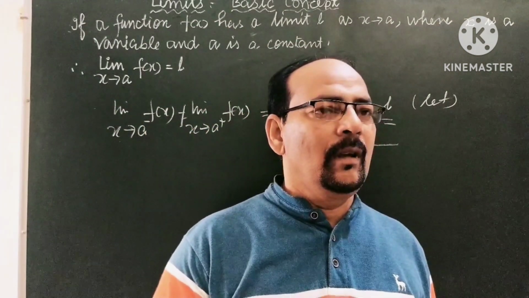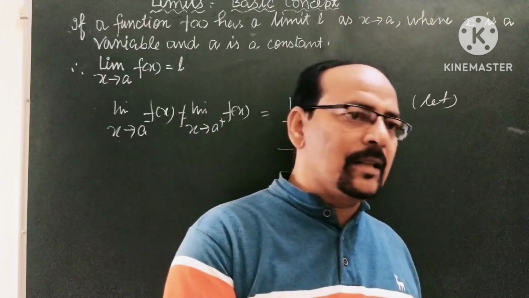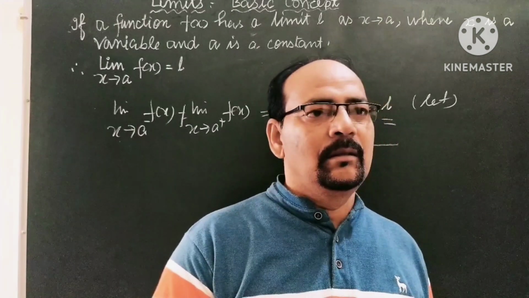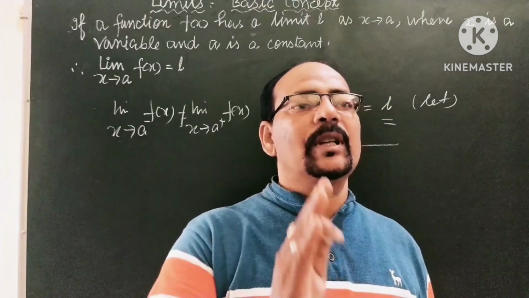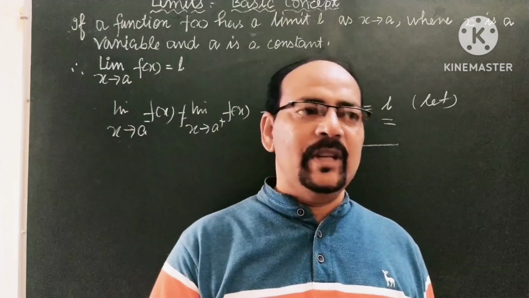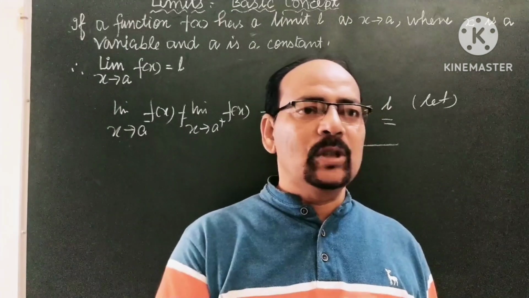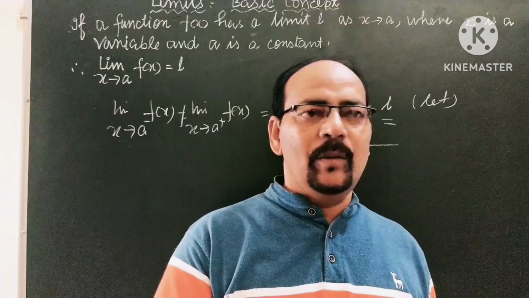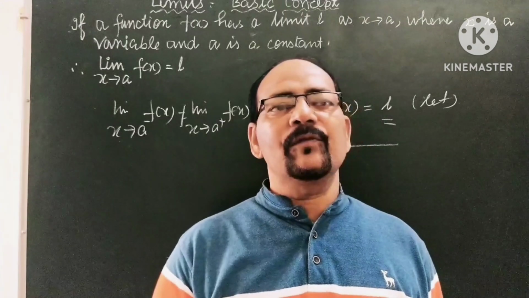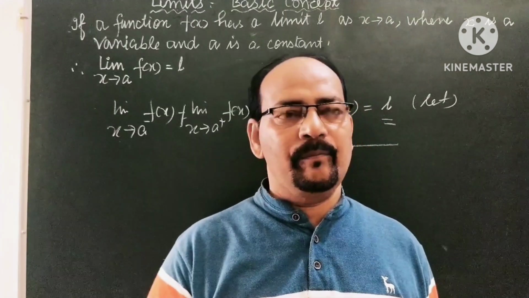If the left hand and right hand limits are equal, the limit exists and we can find it.